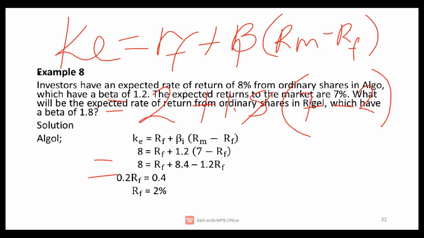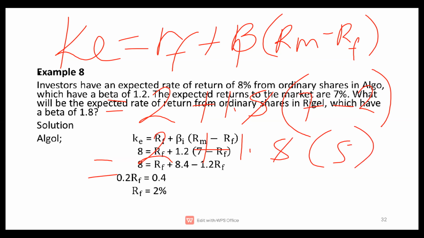What is the cost of equity? You say 2 plus 1.8 times 5.